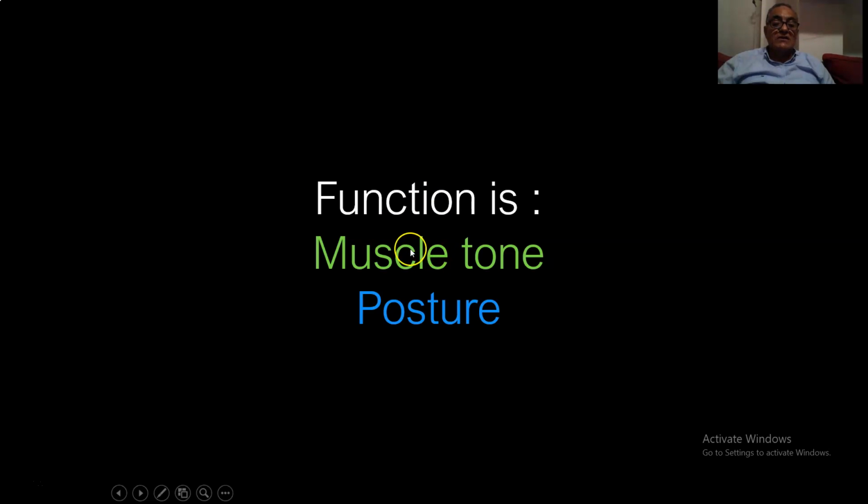And if you get a hypertonia, like spasticity or rigidity, also you are not able to perform proper motor function, and you are as if you are imprisoned in your own body. The posture is very important. Every motor performance you are doing in life needs a certain posture to do it.